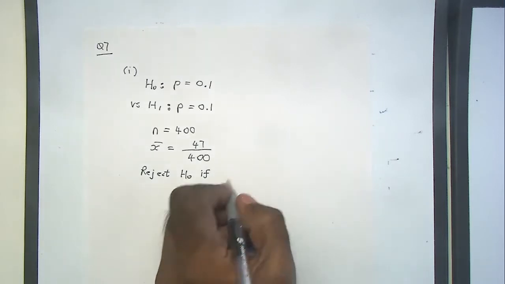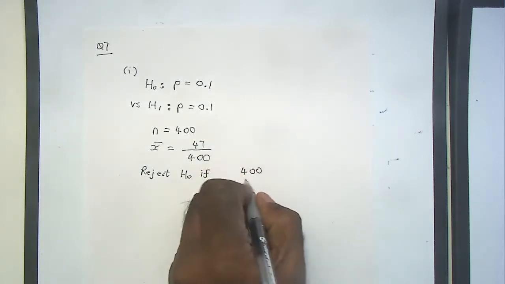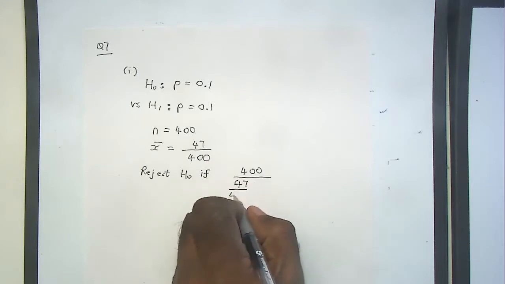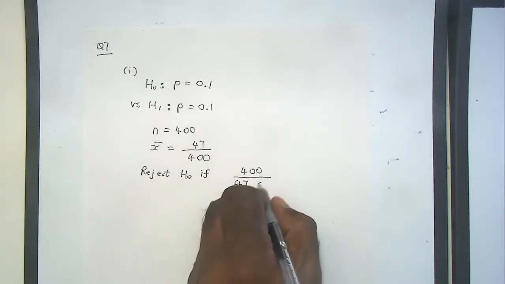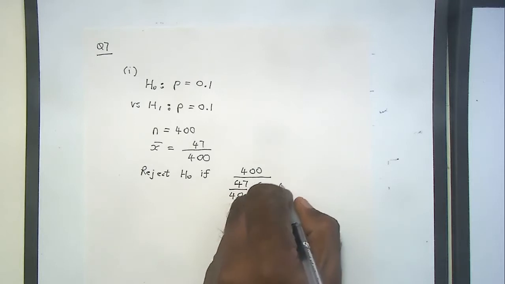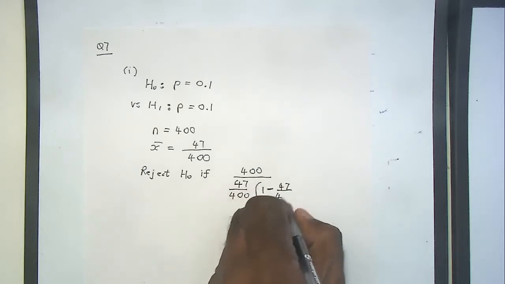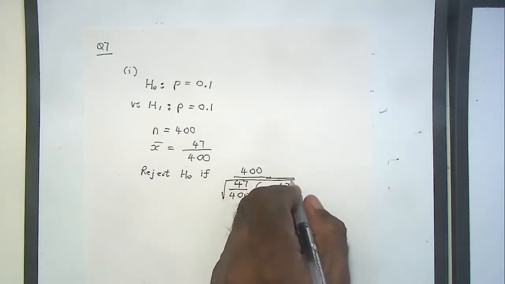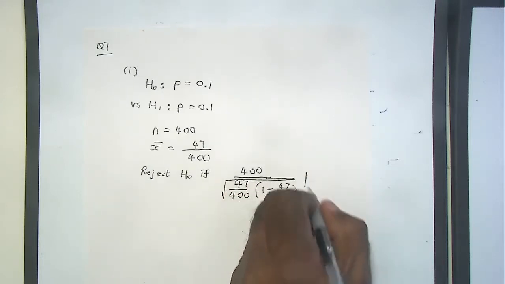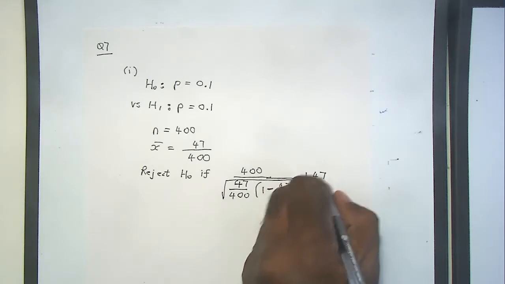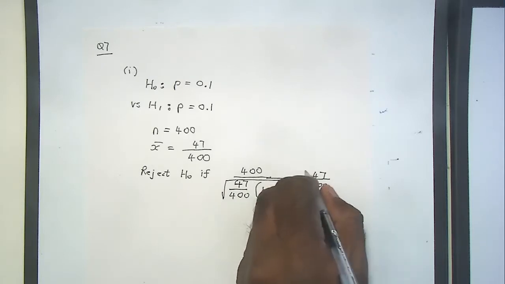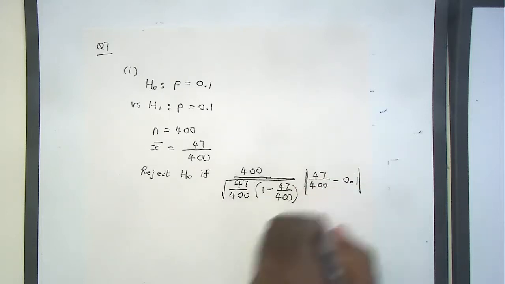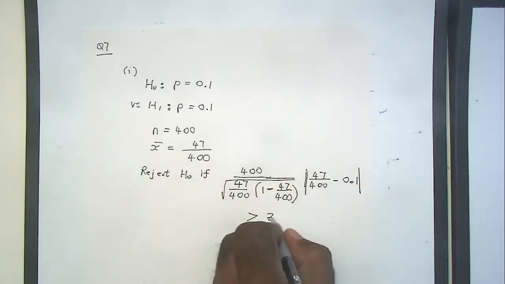If n is 400, x bar is this. C0 is 0.1, should be greater than z alpha.